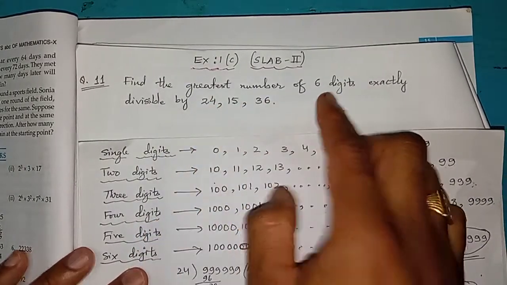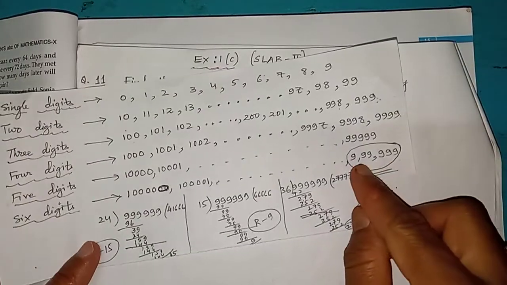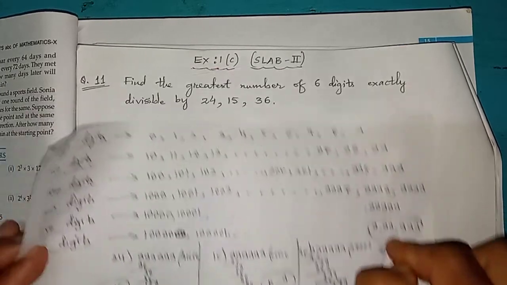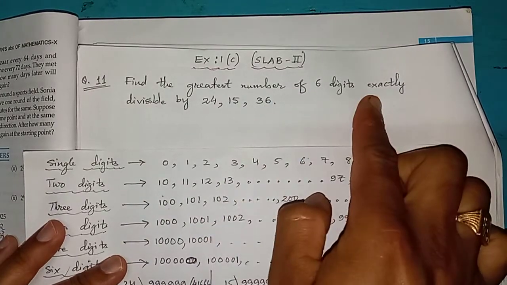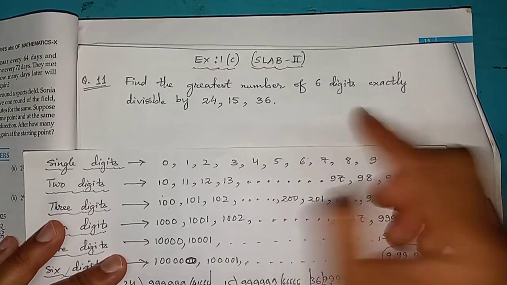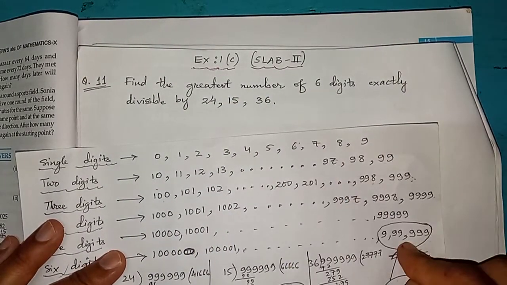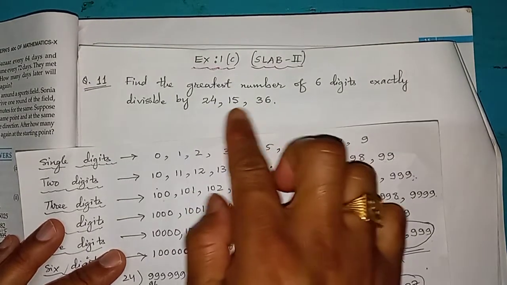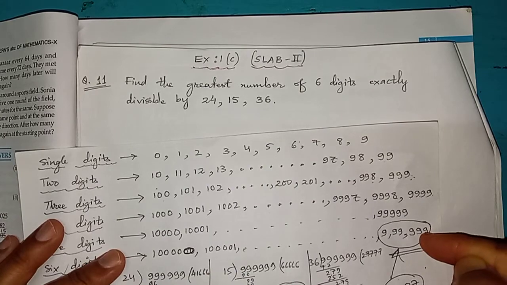So far we know that 9,99,999 is the greatest number of 6 digits, but is this the required answer, or is there some other number? Because we have got the greatest number of 6 digits, but is it divisible by 24, 15, 36? If it is exactly divisible by 24, 15, 36, it means we've got the answer. But that's what we have to check.